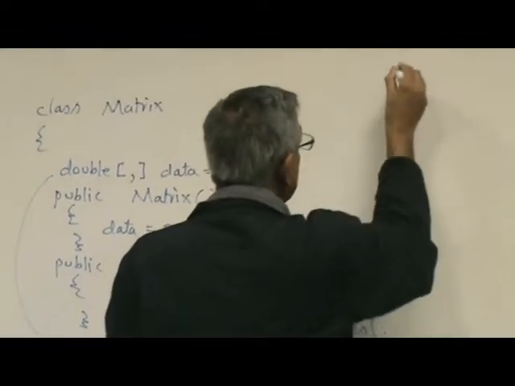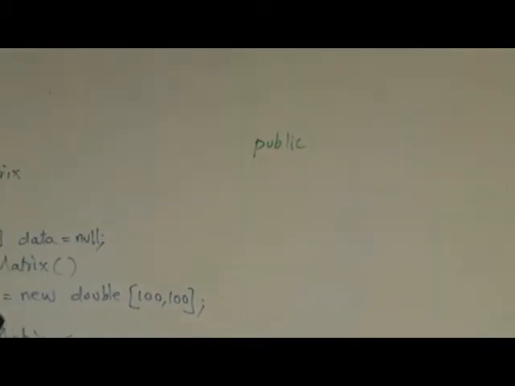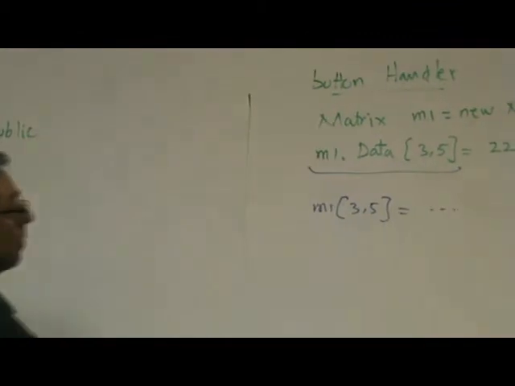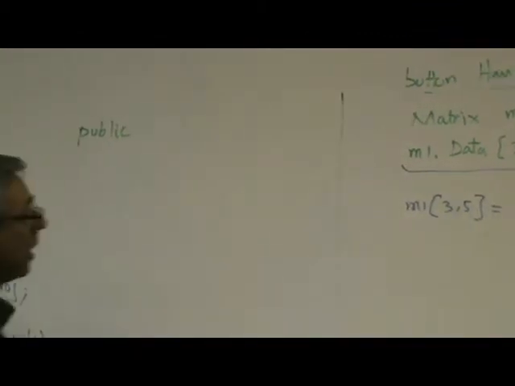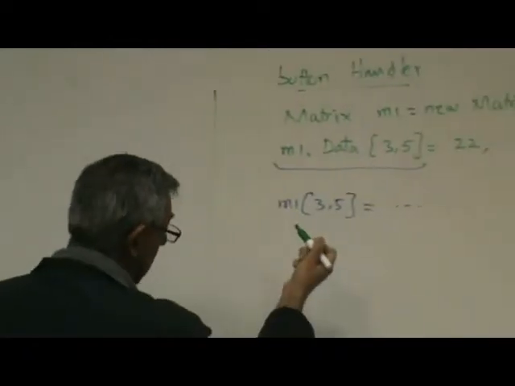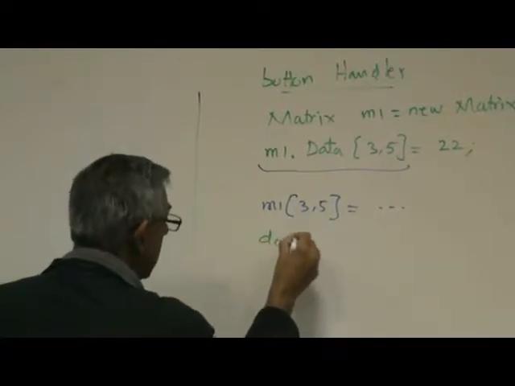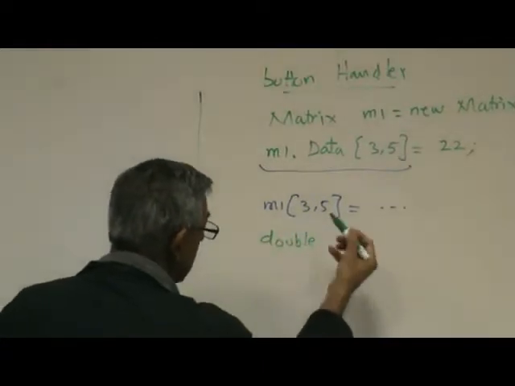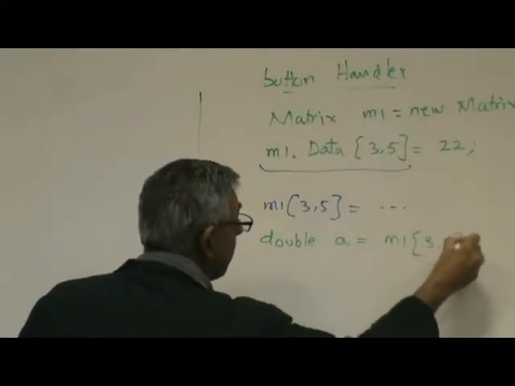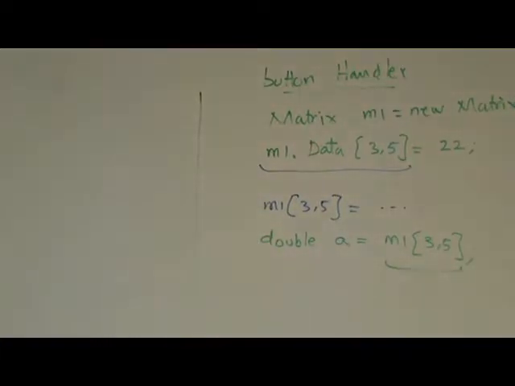So if you remember, the indexers are written like a property. Okay, so if we are allowing somebody to write it like this, first let me take the easy part first. So suppose we wanted to say double, let's say, something A equal to M1 of 3, 5. Okay, so we are triggering the indexer. What kind of data will it return?